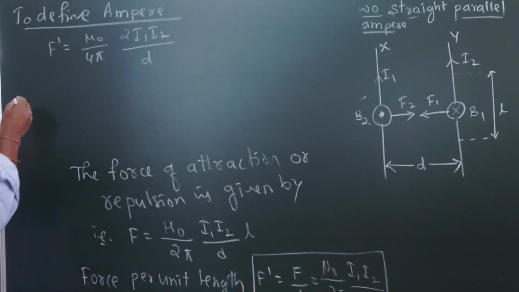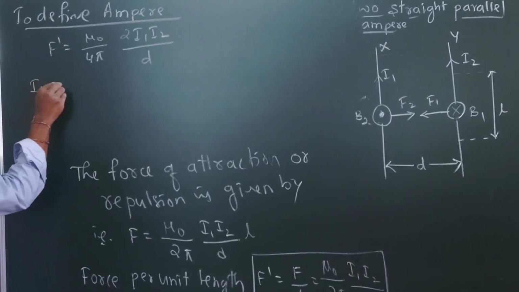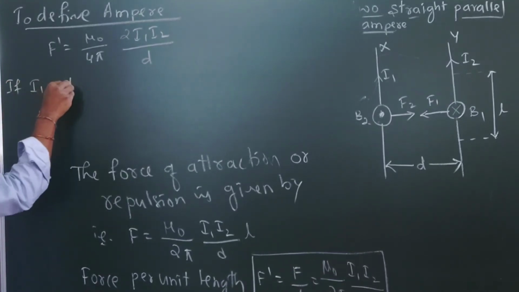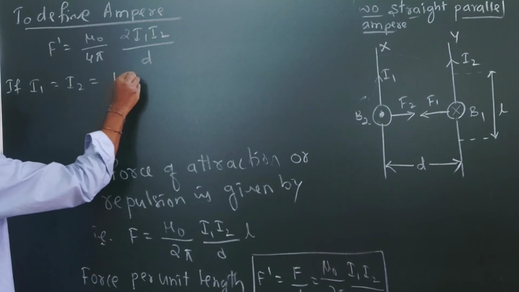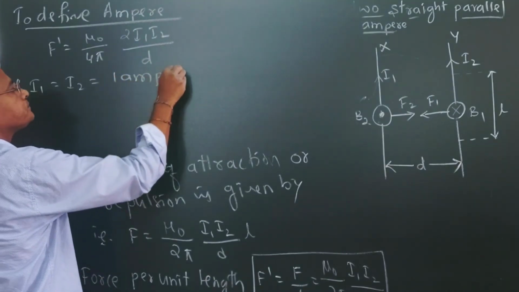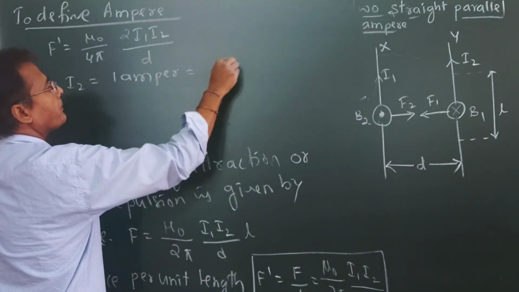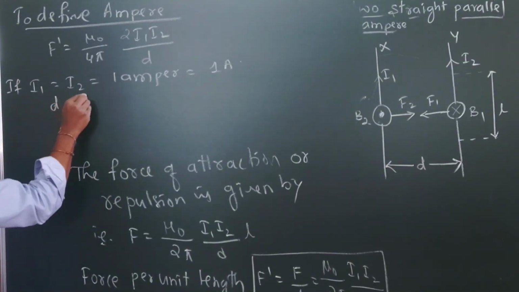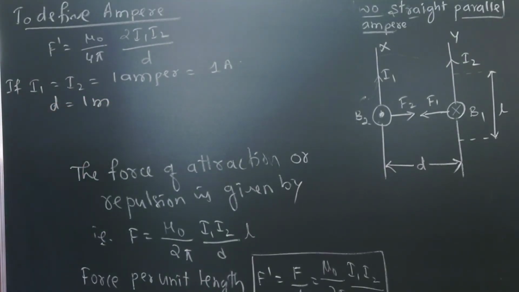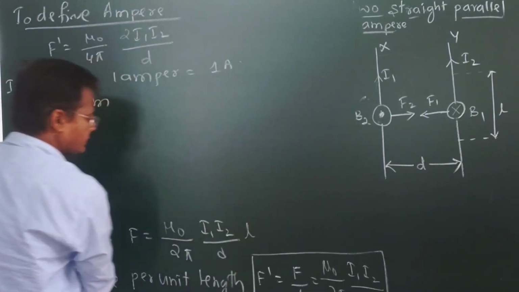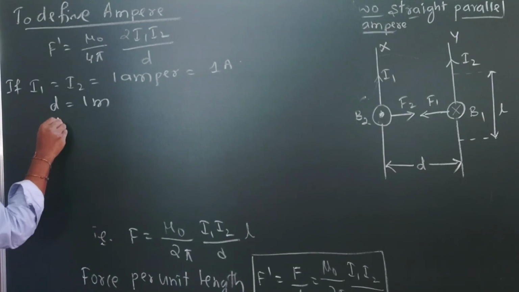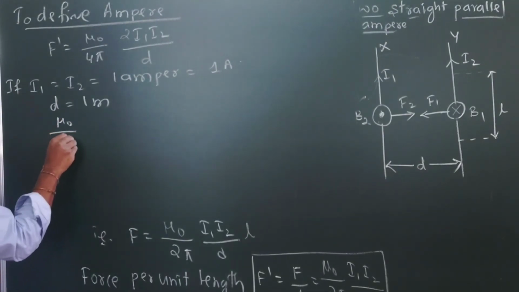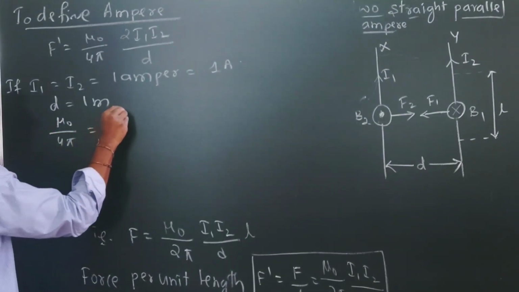To define 1 ampere, if I1 equals I2 equals 1 ampere, then d must be 1 meter apart. The value of mu naught by 4 pi is 10 to the power of minus 7.